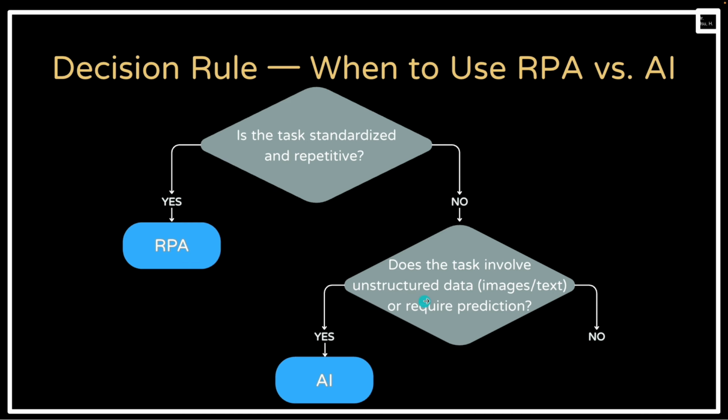So this slide gives students a simple managerial rule. You use RPA for fixed, standardized workflows, and use AI when the tasks require learning, interpretation, or prediction.